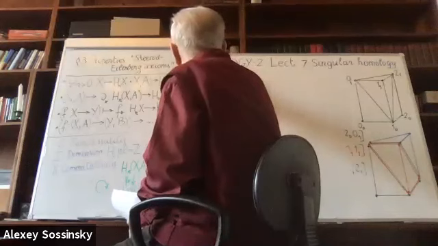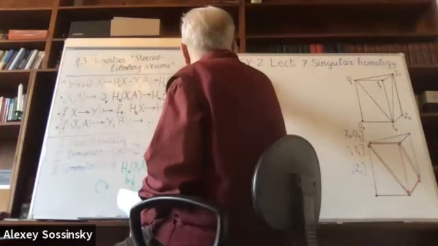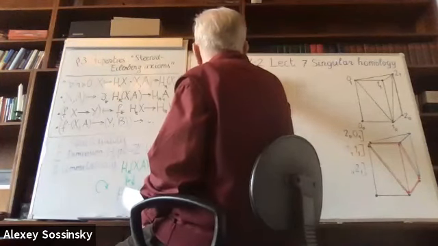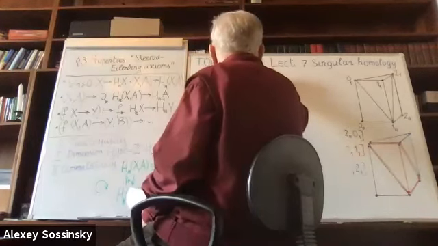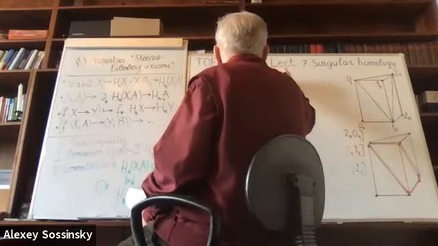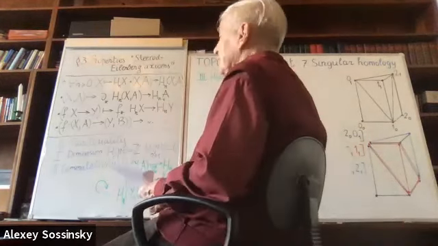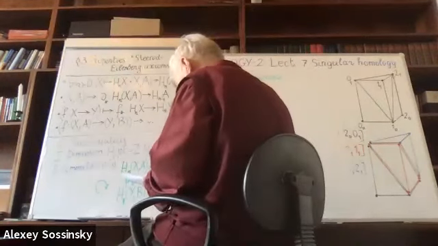Now the next is homotopy invariance. I will not write out what this means. It consists of two facts, one concerning morphisms, the other concerning objects.